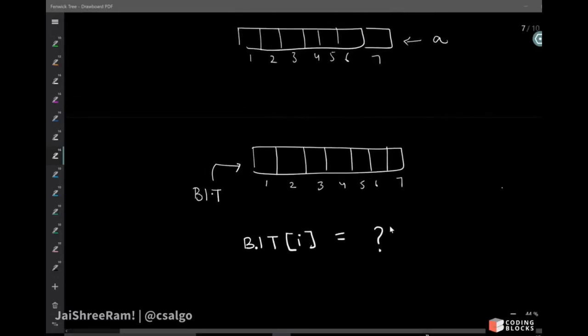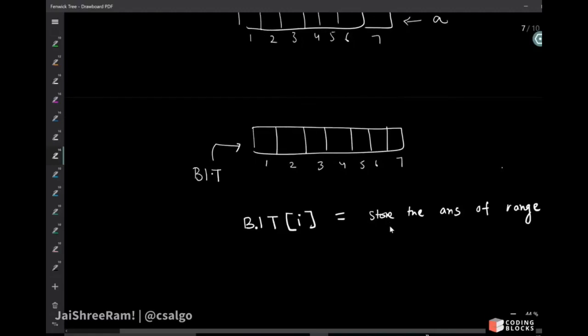So BIT i stores, basically, if I am talking about the sum, it will store the answer of the range starting from an index. There is a formula for it, so from L to R, right.